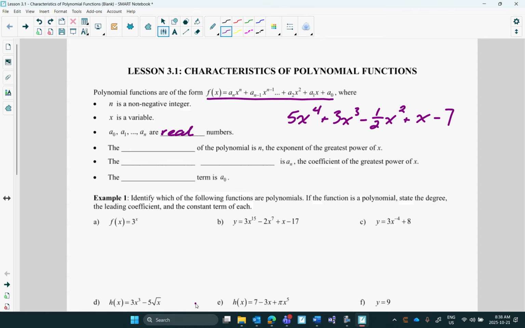Okay, some other words you need to be familiar with for polynomial functions. The degree. Essentially, the degree is the highest number used, the highest exponent you see. So when I look at this example, the degree is 4, because that's the highest exponent I see. The leading coefficient.